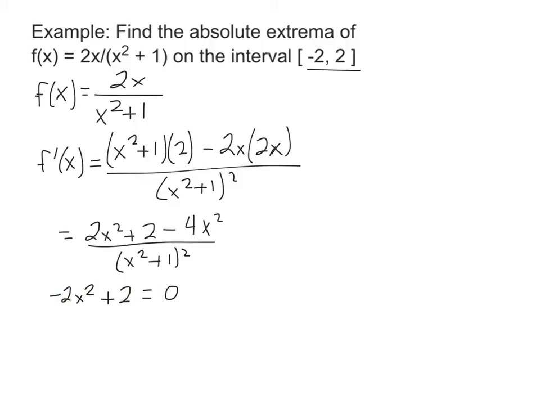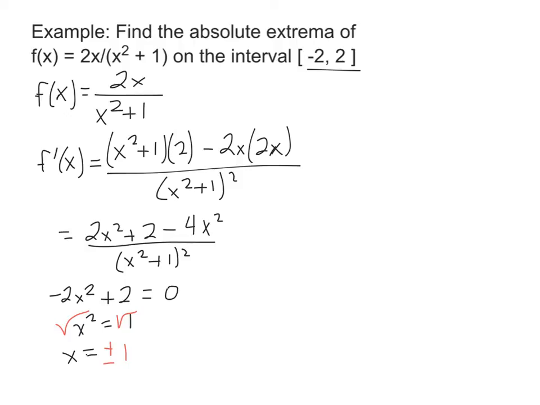So I would subtract 2, divide by negative 2, x squared would have to equal 1. And so x is going to be, take the square root, positive 1 or negative 1. There's two critical numbers, so I'm going to have to evaluate for both of those.